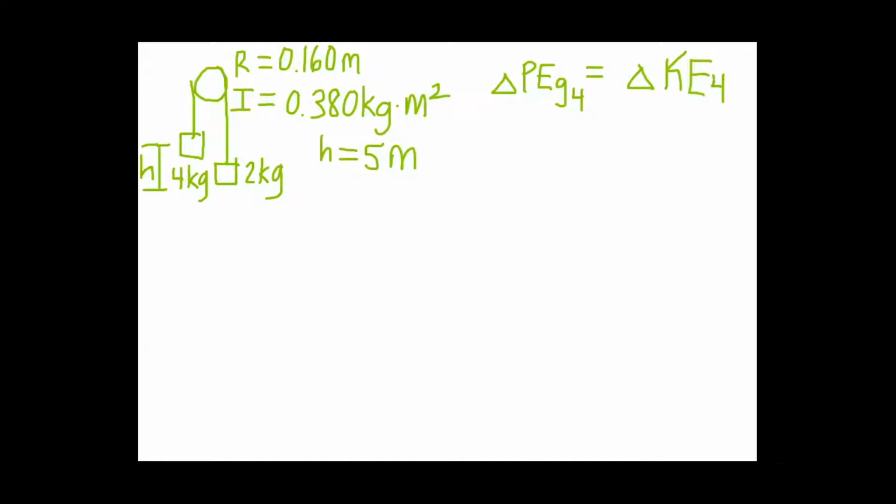I have changed the pen color so you guys can see that. So let's look at what energy is present at the beginning of this problem. We have the potential energy of the 4 kilogram box as it is off the ground, so that would be equal to mgh.